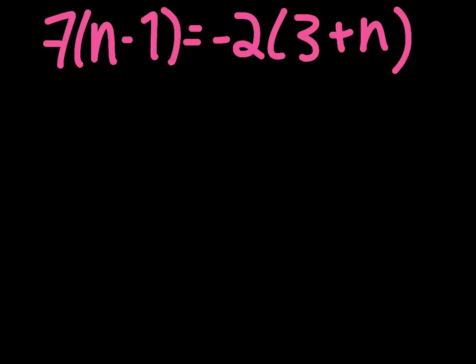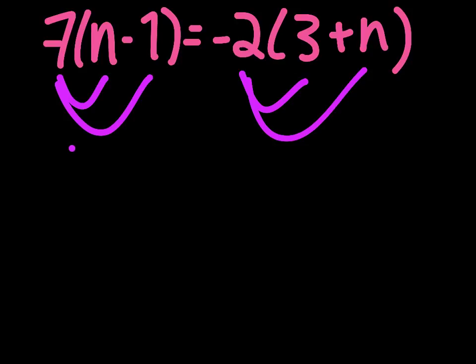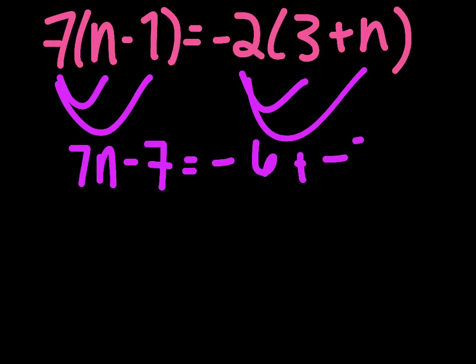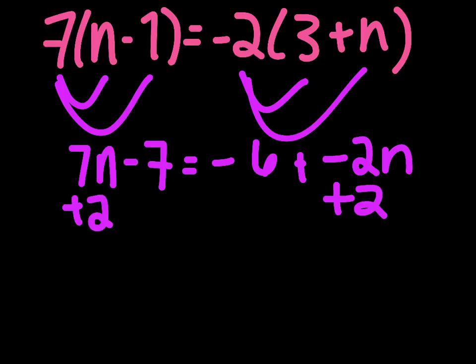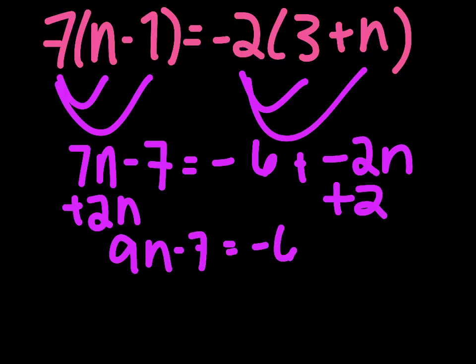Alright, so do the same thing here. So now it becomes 7n minus 7 equals negative 6 plus negative 2n. We want to get all on one side, so we add 2n, and now this becomes 9n minus 7 equals negative 6.